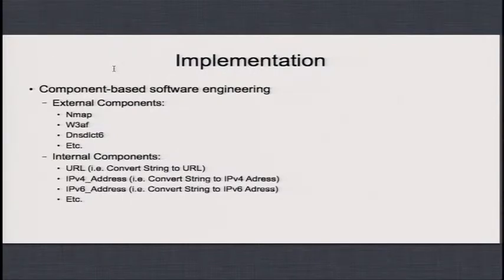As opposed to it, there are also internal components, which are implemented within HackerShell, and these are more guiding components to help you describe the flow better, so the rest of the flow will group in the way that you like. So you have components that will take strings and convert them to URL, IPv4 addresses, IPv6 addresses, etc.